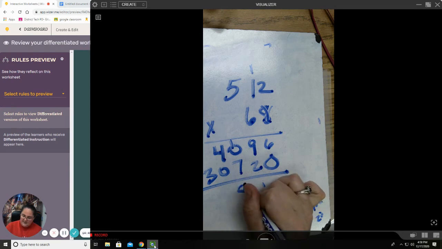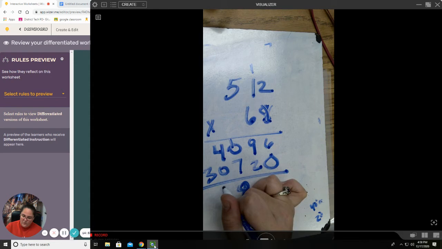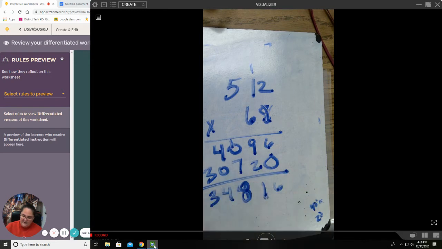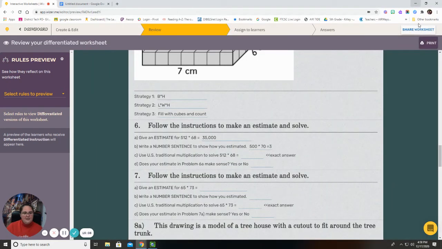Might help if I write neatly. 4 plus 0 is 4. 3 plus 0 is 3. All right, 34,868. I'm sorry, 816. 34,816.